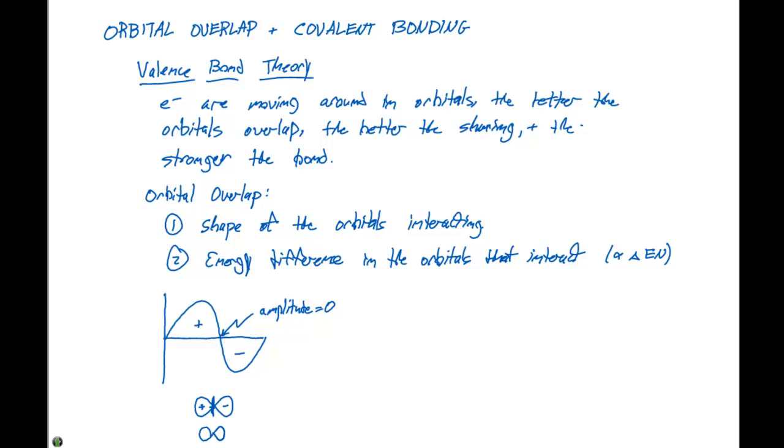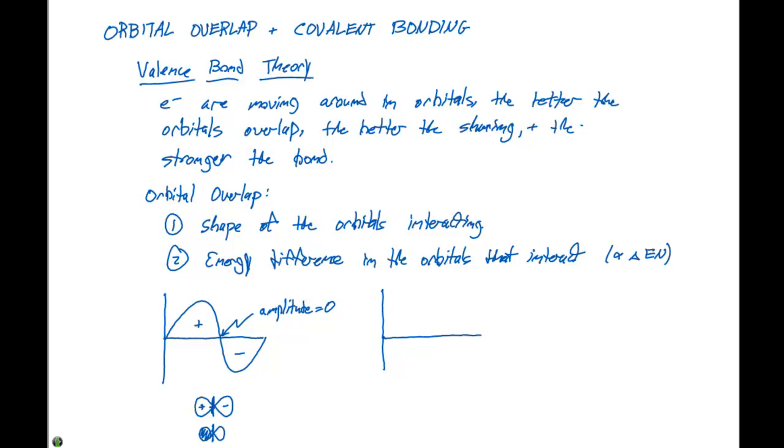Sometimes the orbital is represented shaded like this, showing that the wave function changes sign from positive to negative. So here's our wave function with a positive amplitude, a negative amplitude, and an amplitude of 0. Our probability density function is going to be the square of this amplitude.